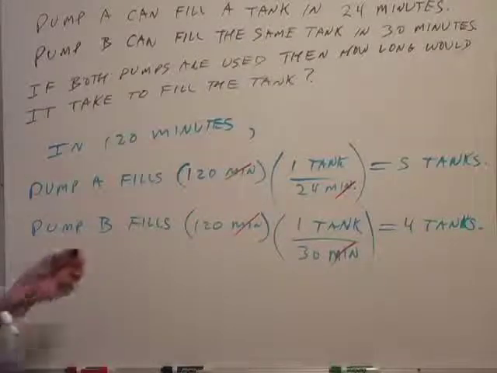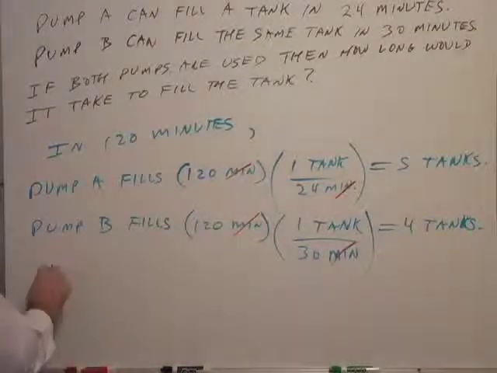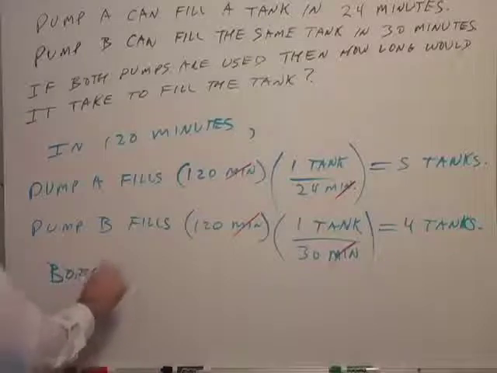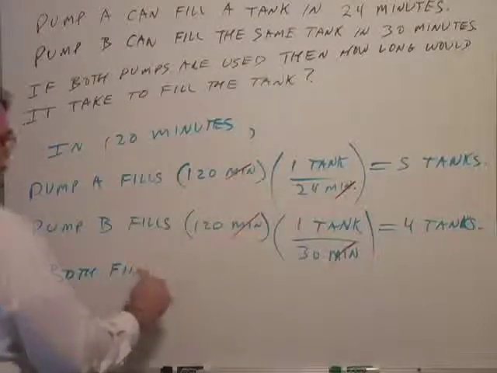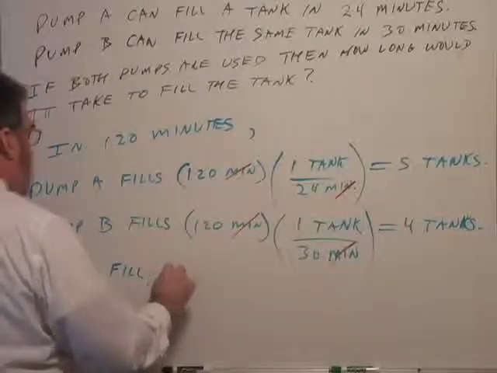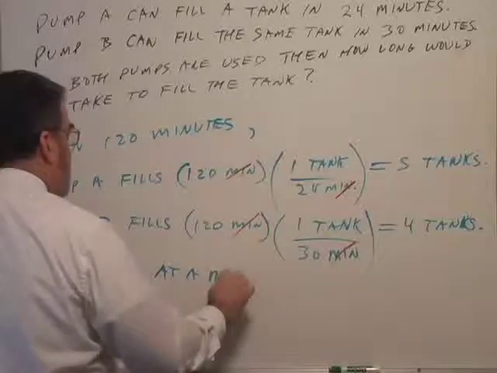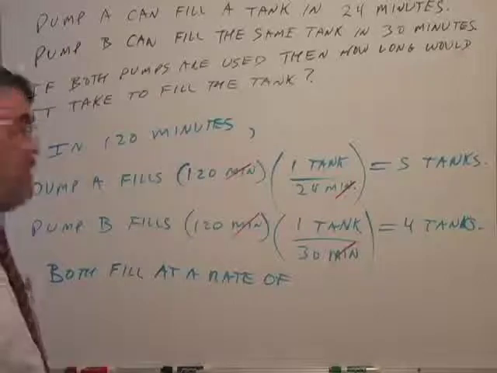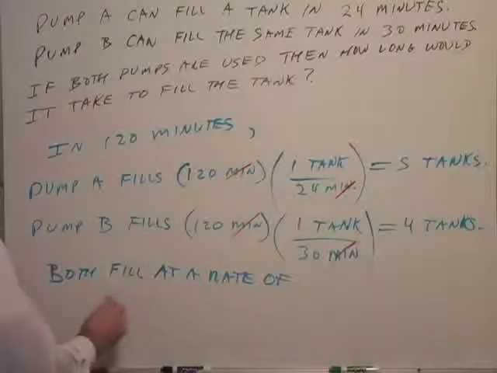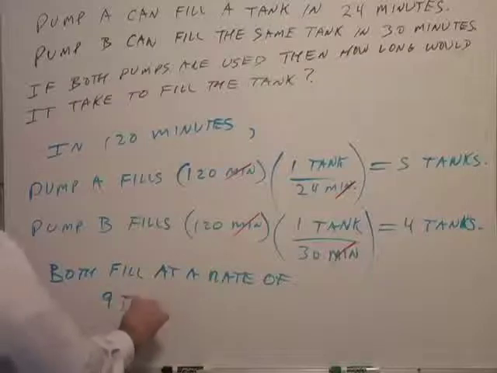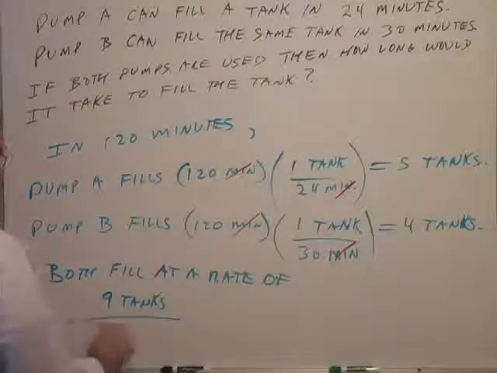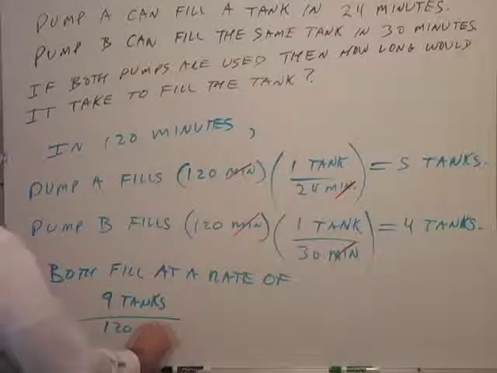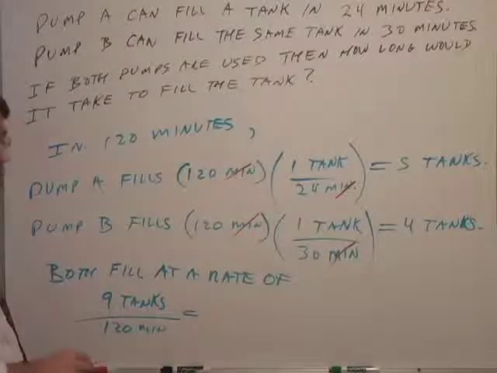But what do we know? In 120 minutes, both fill, how many tanks do they fill in 120 minutes? Well, they fill 9 tanks. 5 plus 4, so 9 tanks per 120 minutes. And what would this be?